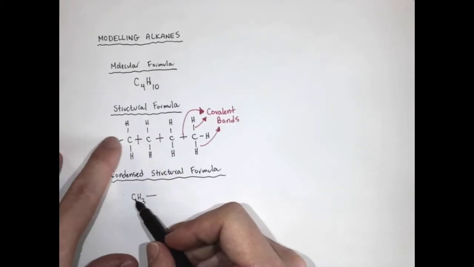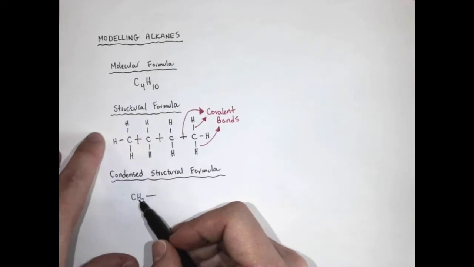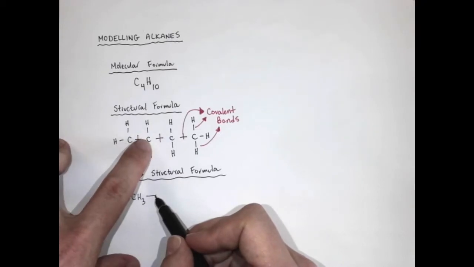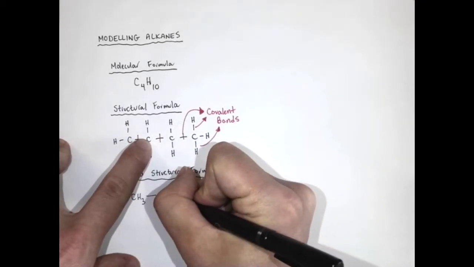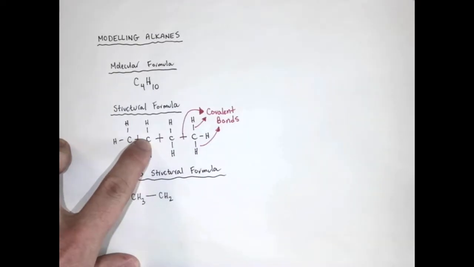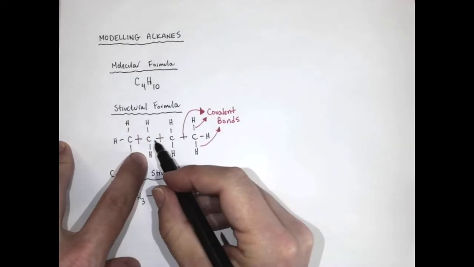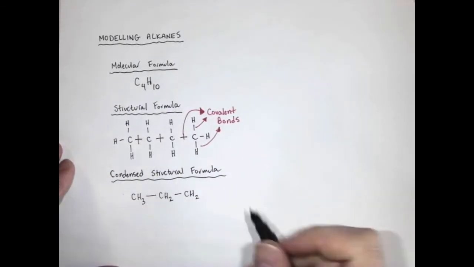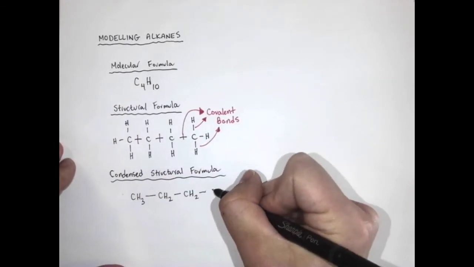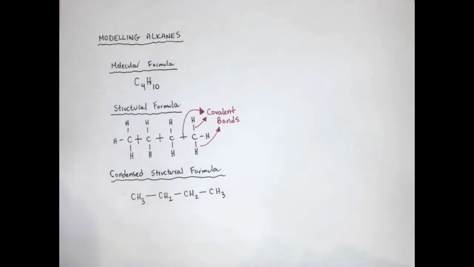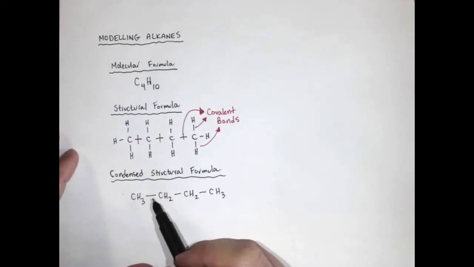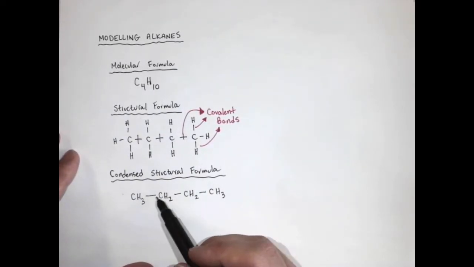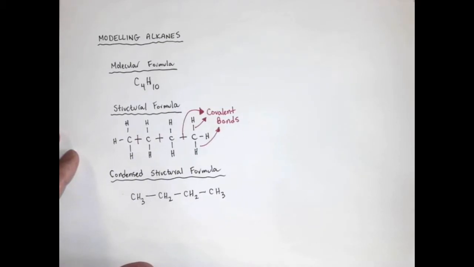The first carbon here is one carbon with 3 hydrogens. Then I'm going to make a bond, a line, to the next carbon. This carbon has 2 hydrogens coming off of it. I'm going to draw a bond to the next carbon. This one also has 2 hydrogens coming off of it. And then I draw a line to the last carbon, but this one has 3 hydrogens coming off of it. So this communicates the same information as our structural formula, but it's a little bit more condensed, hence the condensed structural formula.